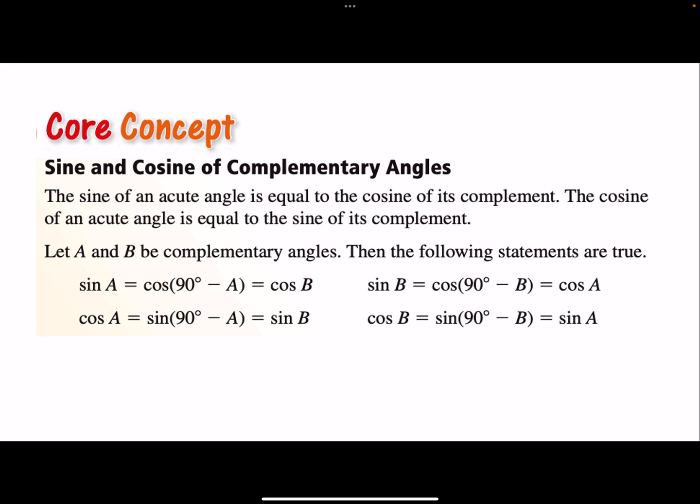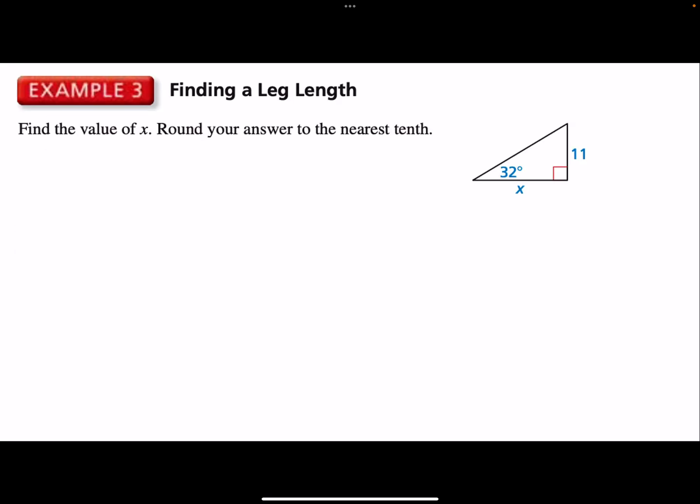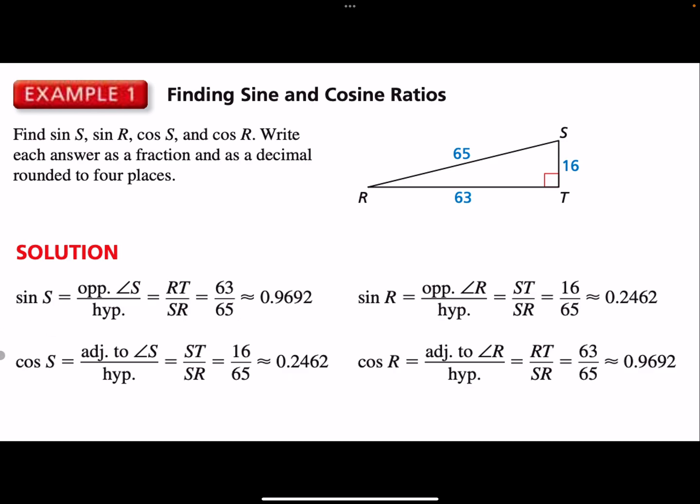We saw an example of this concept here. Sine of s gave us 63 over 65. The cosine of r gave us 63 over 65. These are complements of each other. Angle r and s, when added together, give us 90 degrees because every triangle is 180.